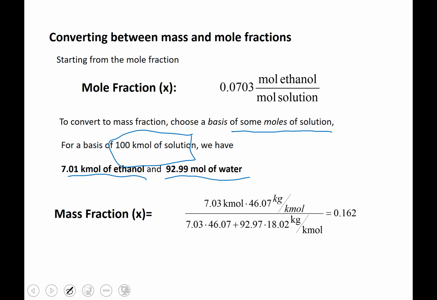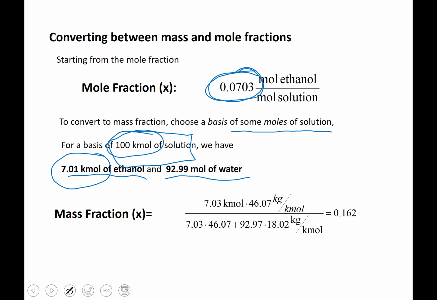How do you know that? If this is our mole fraction, then 1 minus this value will give you the mole fraction of water. And we can multiply the mole fraction times our basis to get the amount of moles in our solution.